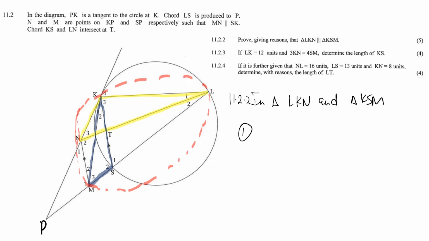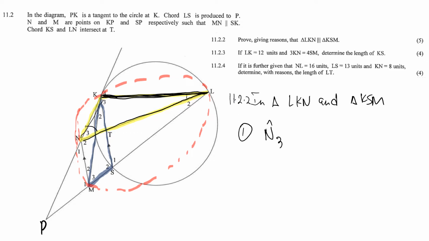Take a look at the chord LN, or arc LN in the red circle. It's subtending an angle at the circumference, which is angle N3. Can you see angle N3?